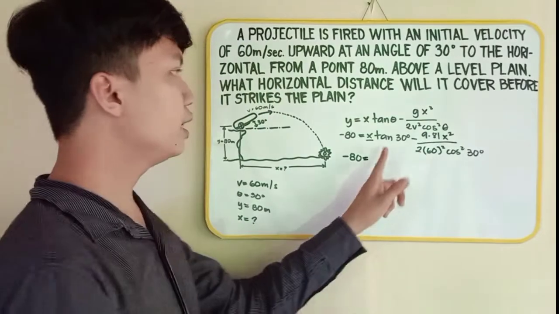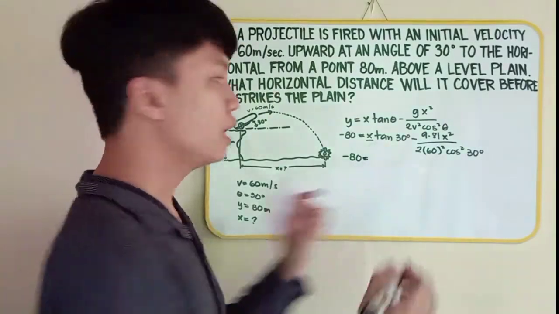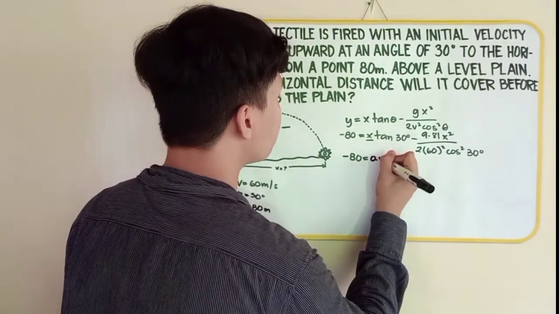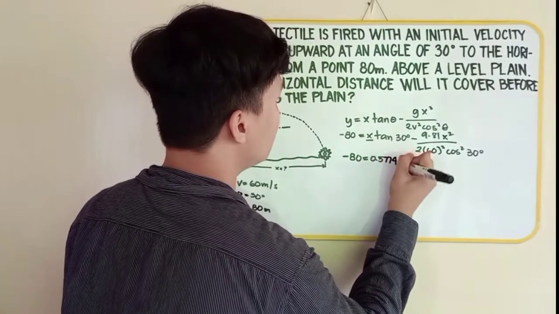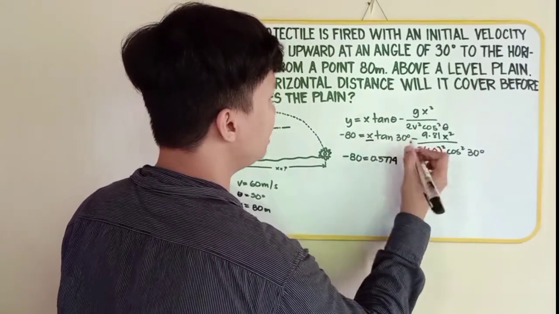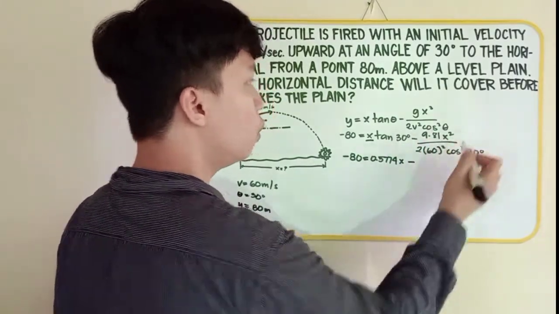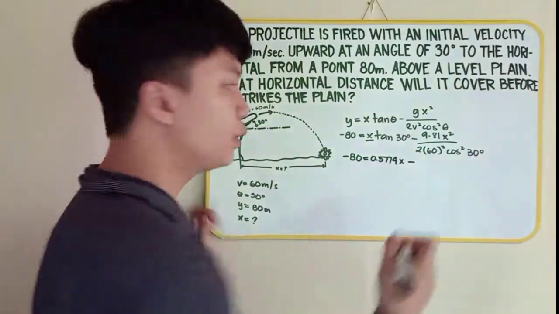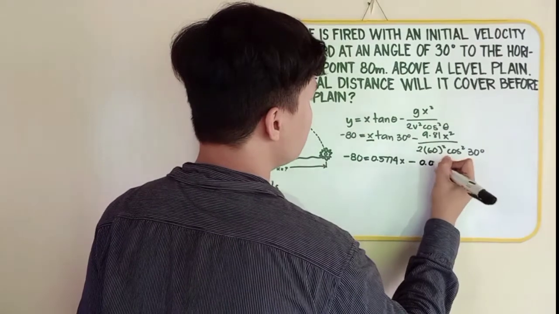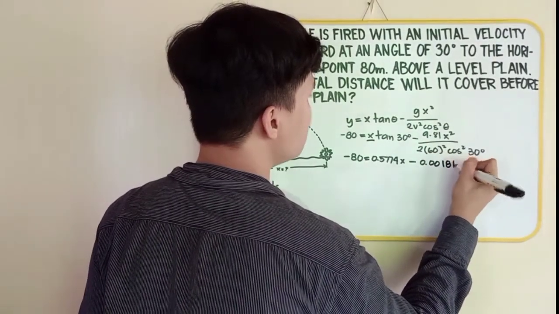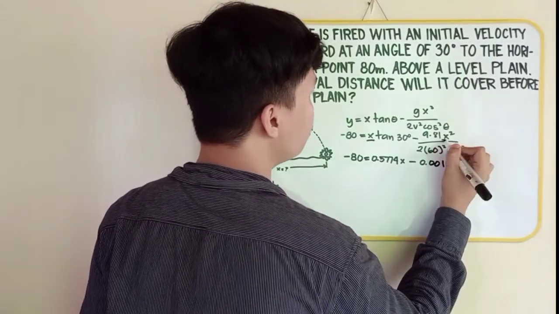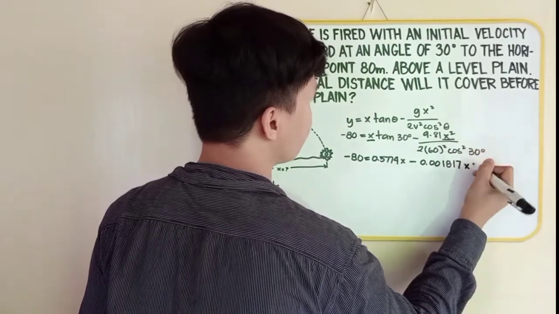Equals the value of tan 30 degrees is equal to 0.5774, and don't forget to copy the unknown value x. Minus the equation here will give you the value of 0.001817, and don't forget this x squared.